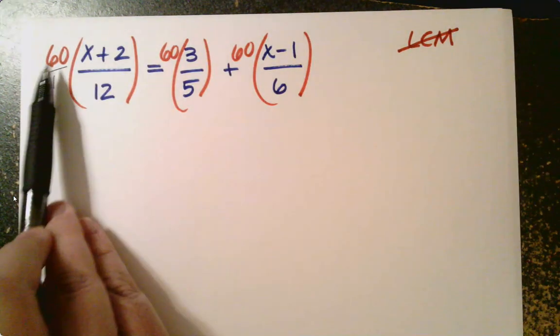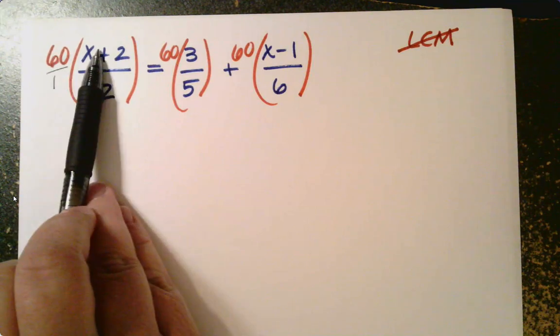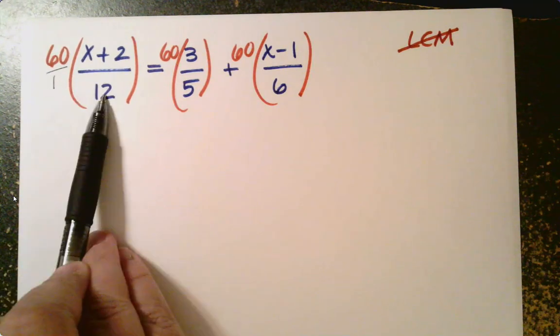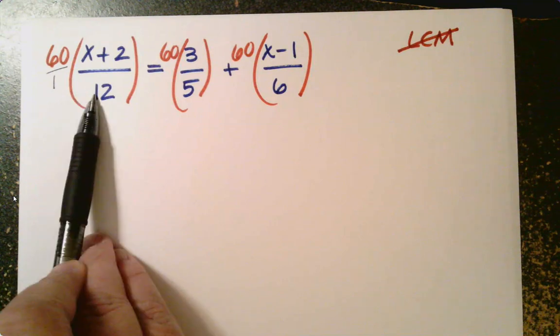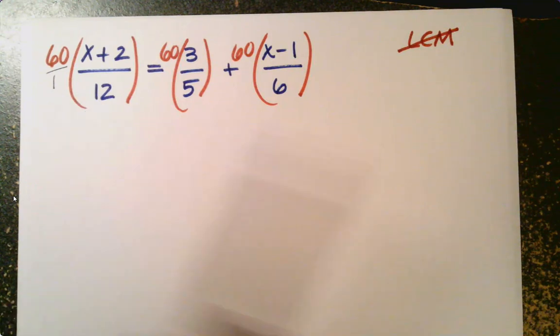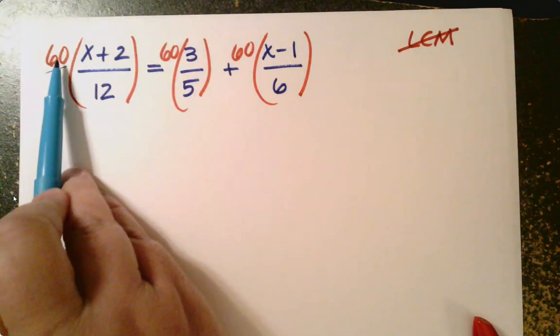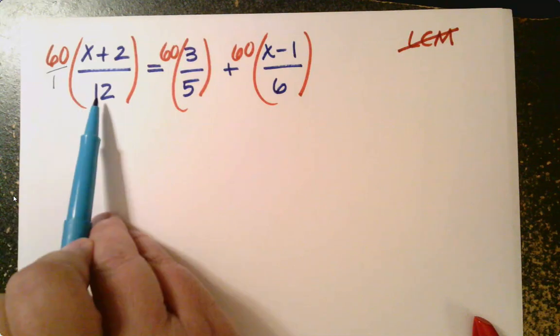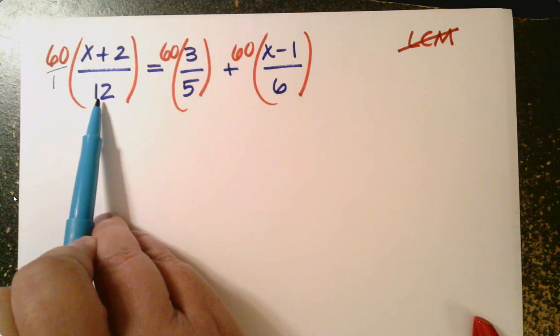And when we multiply fractions, we do top times top, bottom times bottom. So 1 times 12, that's not going to change at all. So really the 60 is only impacting my numerators. But before I multiply out, before I do that top times top, bottom times bottom, I'm going to simplify. Because now I have a 60 on top and a 12 on the bottom, and the whole point of using 60 was that 12 goes into it. 12 goes into it 5 times.